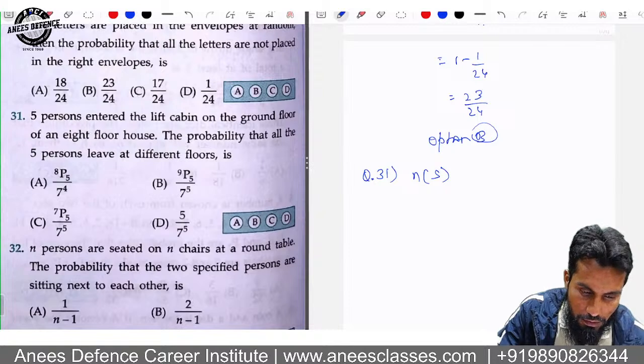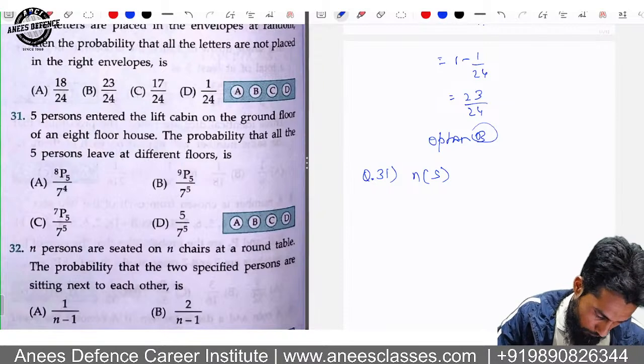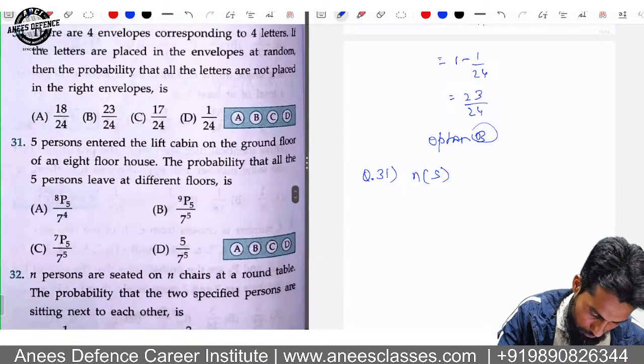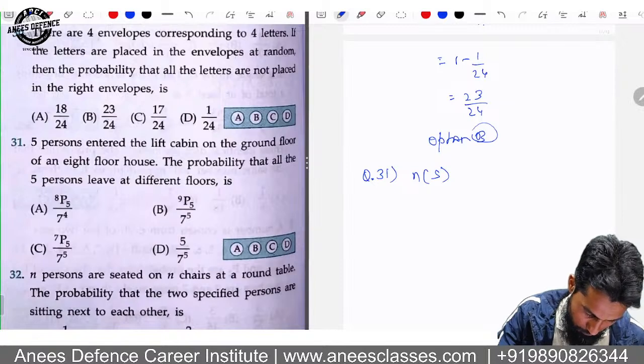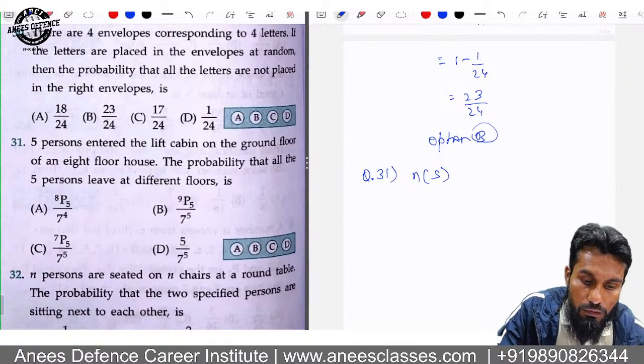7 floors will be there above the ground floor. Enter the lift cabin on the ground floor of an 8-floor house. The 5 persons leave at first, second, third, fourth, fifth, sixth, seventh, eighth. 7 floors above the ground.